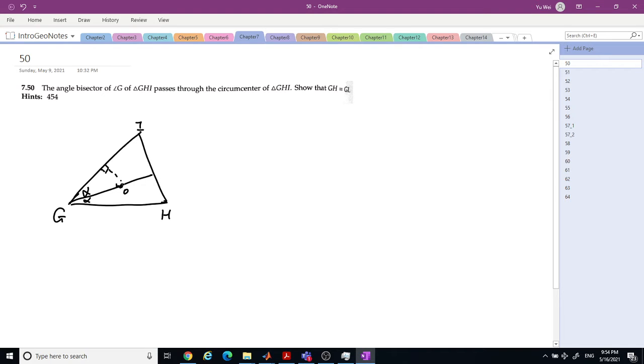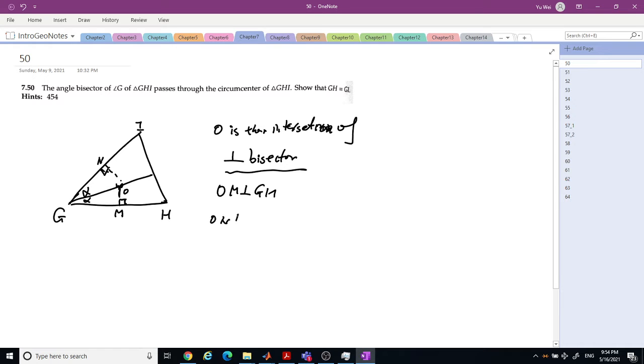So let's draw the heights. We call the feet M and N. Because O is the intersection of the perpendicular bisectors, we draw OM perpendicular to GH and ON perpendicular to GI, and O is the circumcenter.